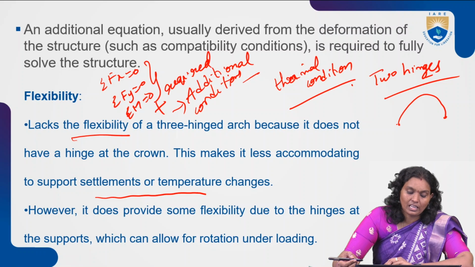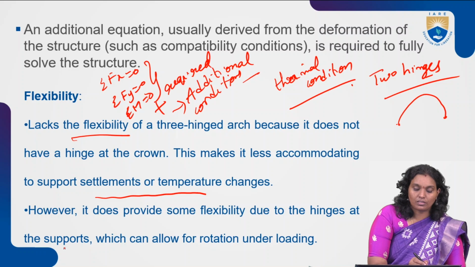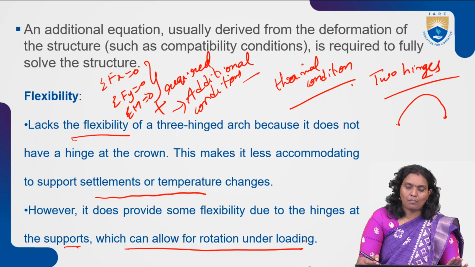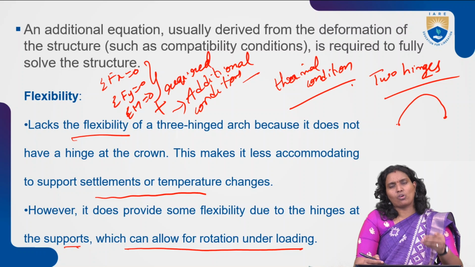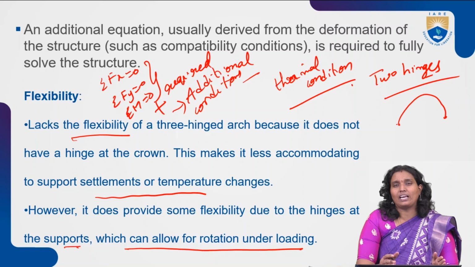However, it does provide some flexibility, though not like the three-hinged arch. It provides some flexibility due to the hinges at the supports, which can allow for rotation under loading. It depends upon what kind of loading there is on these two-hinged arches, whether it is a point load, concentrated load, uniformly distributed load, uniformly varying load, or loads acting on only one side with none on the other side.